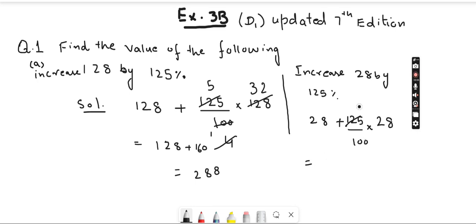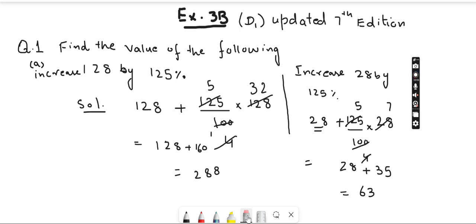So when you reduce it by 25, 5 times, 25 5 times, 4 times, and 4 7 times, it comes 28 plus 35, and your answer comes 63. So 28, when you increase it by 125%, your final answer comes 63.